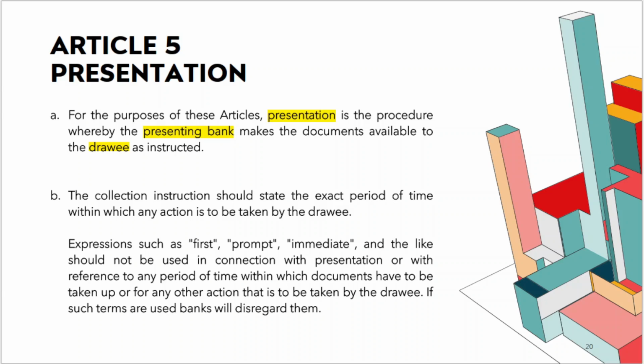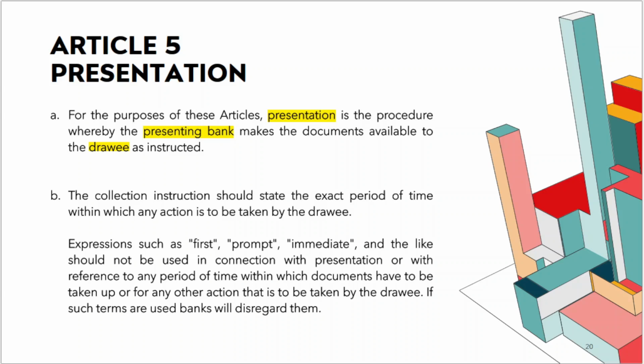When you move on to subsection B of Article 5, it tells us that the collection instruction should state the exact period of time within which any action is to be taken by the drawee. Now here there are three things for you to focus on.